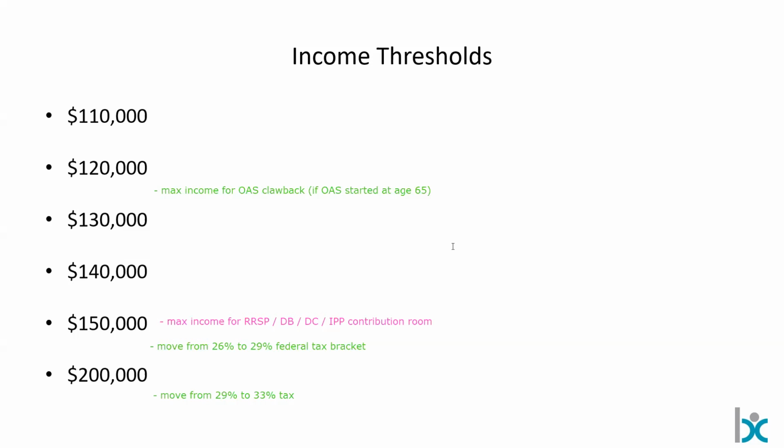That's it, Margaret, right? Now, if I was doing that 100% correctly, I would have 2 separate lines for that. I'd have the RSP just a little bit lower dollar amount than the DB, DC, IPP because those two are always a year ahead, but that's okay.